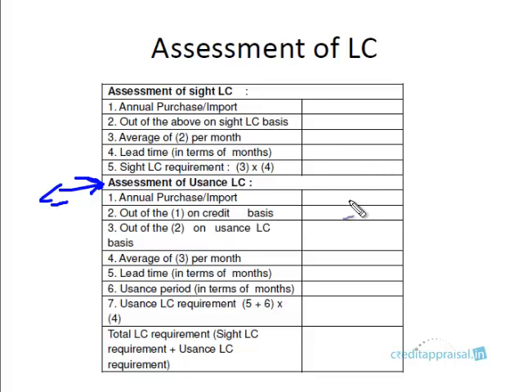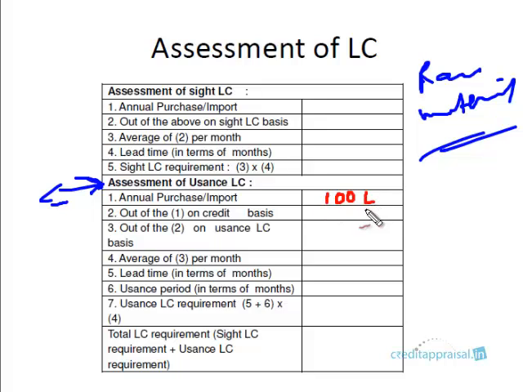So we are assuming that the LC is for import of material. Okay, so a company is importing raw material from abroad. So for that let us see, it has come to us for fixing some LC limit, right? Let us see how it's calculated. So what banks do is, first of all, they'll calculate what is the total annual purchase or import, right? For the full year, how much the company is purchasing, maybe say 100 lakhs.